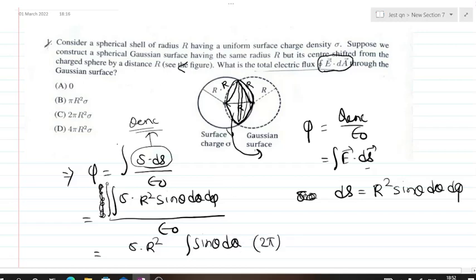But theta will be changed because we have to calculate the flux within this area.